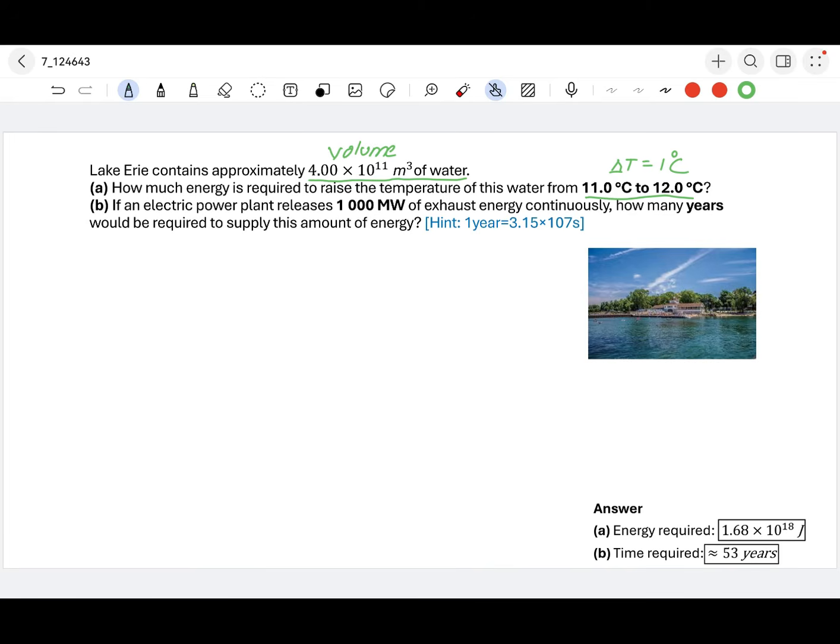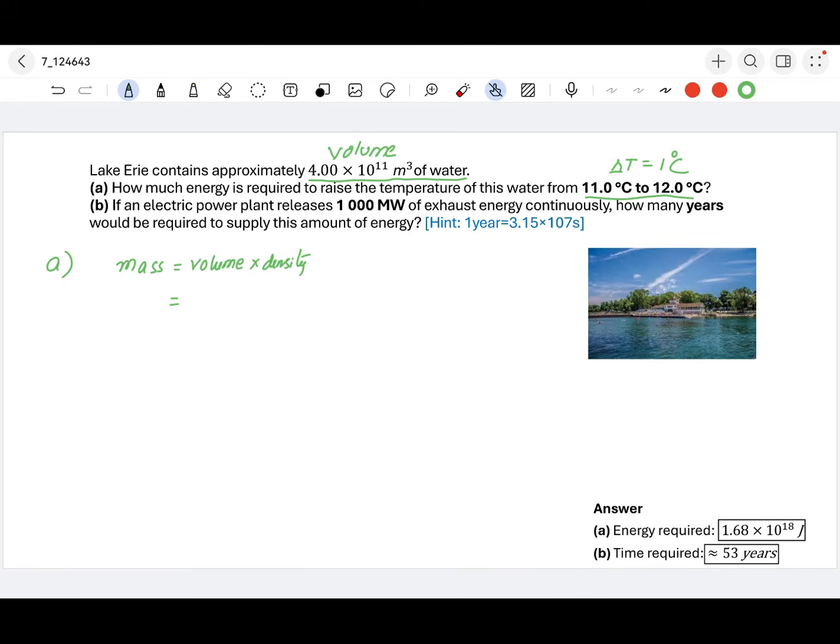To do this problem, first we calculate the mass of the water. The formula is mass equal to volume into density. All SI units we have to follow.